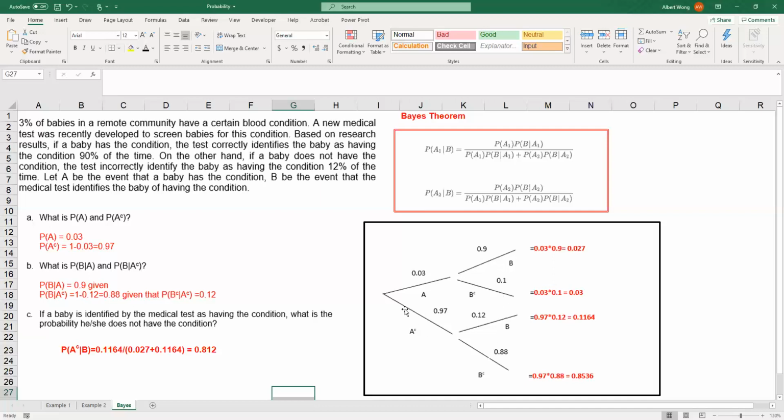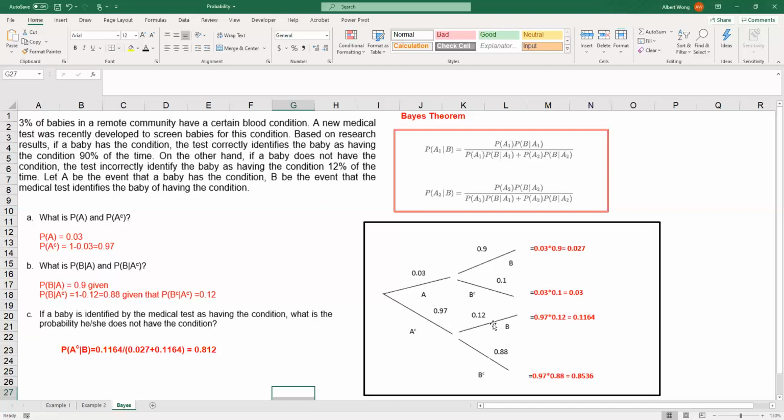Now let's look at the lower branch. The lower branch says if the baby does not have the condition, that means in this branch, the test incorrectly identified the baby as having the condition 12% of the time. The probability that the test identifies the baby as having the condition is 0.12. So this is the third branch from here.